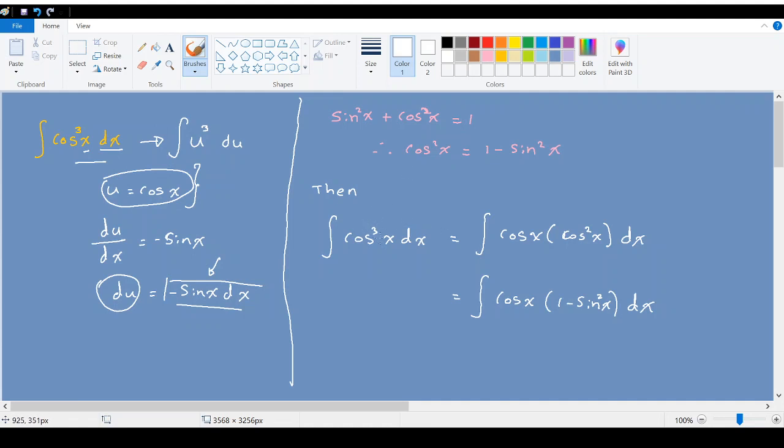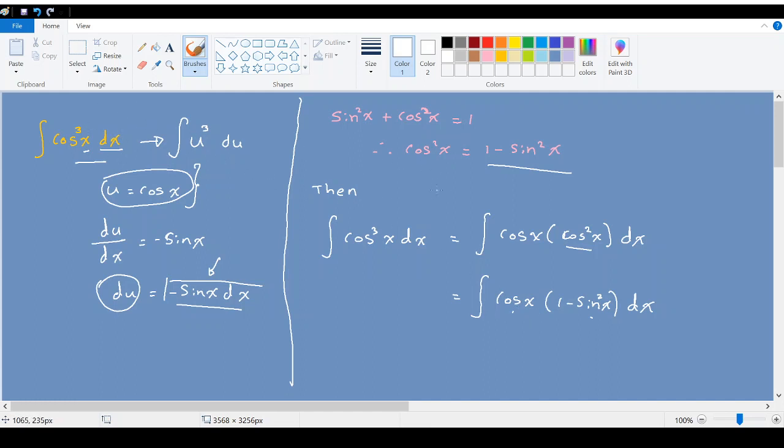Cos cube x can be written as cos to the power 1 times cos squared x, and instead of cos squared x, we can replace it with this term. See, now we have both sine and cosine terms emerging from the original problem.